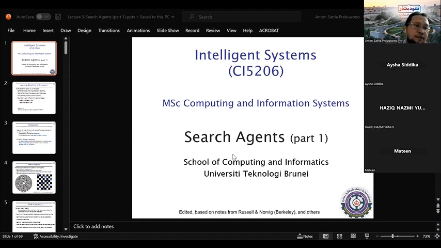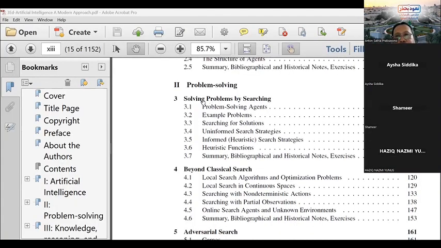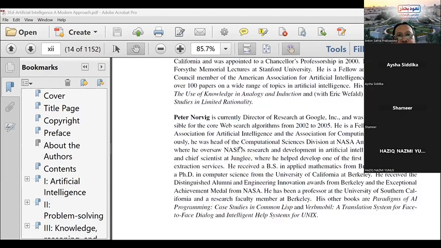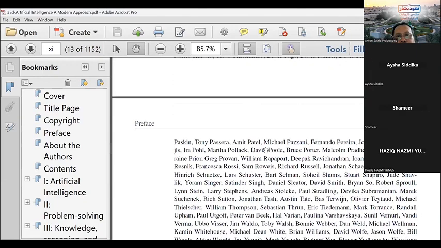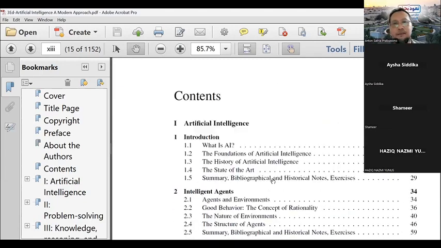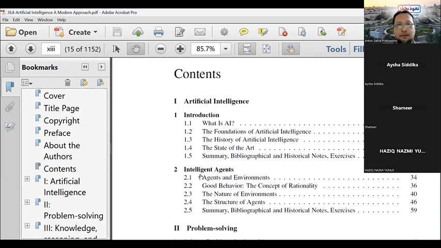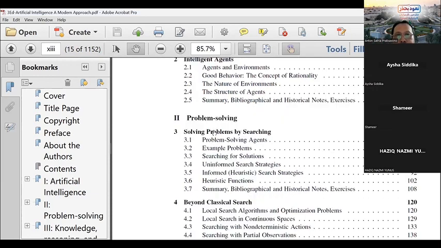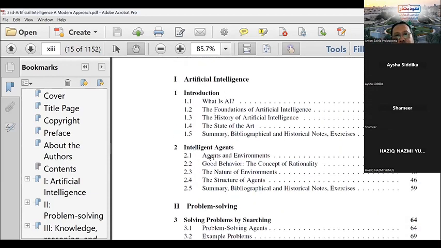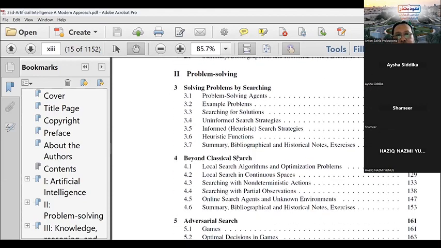So please find this book. You can refer to the first meeting, introduction, and the content, the second chapter here, problem solving. Introduction and intelligent agent finished.